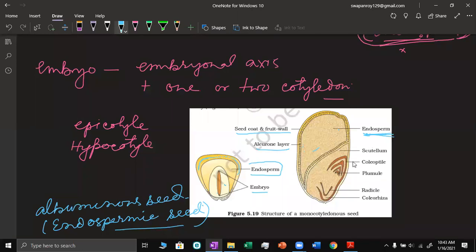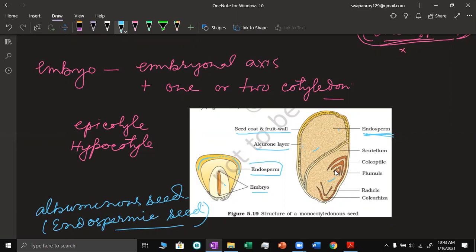The embryo occupies a very small space, and as it is monocotyledon, there is only one cotyledon.